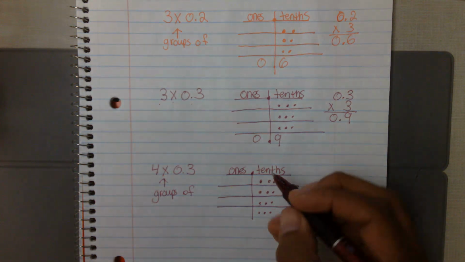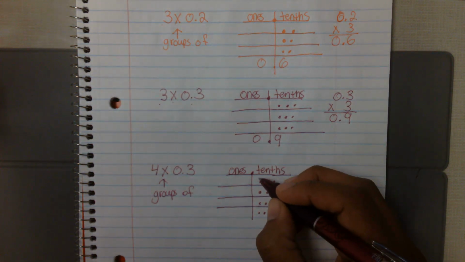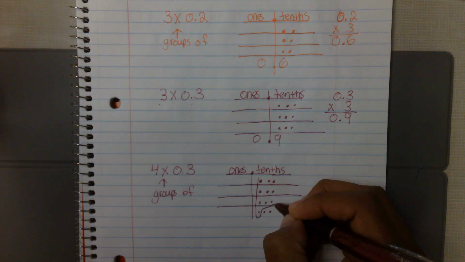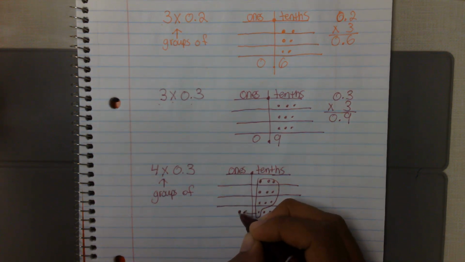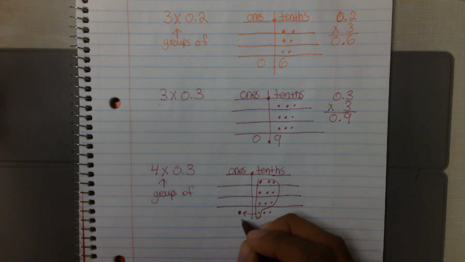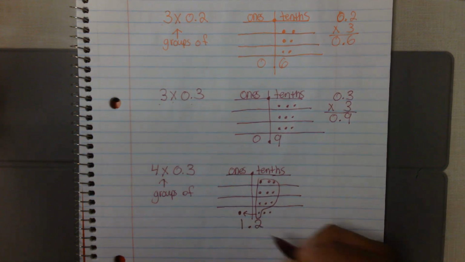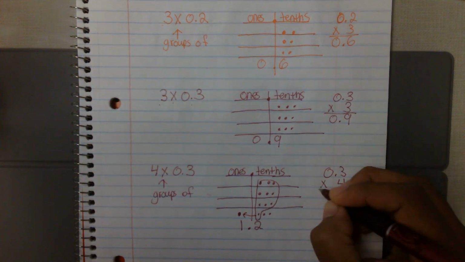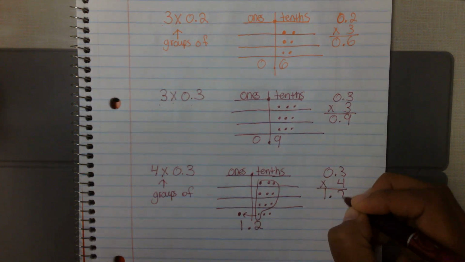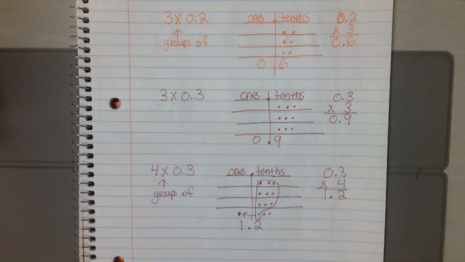So that means I can group 10 of them together. So 3, 6, 9, 10. And these will shift over here and make a 1. So now I have actually 1 one and 2/10. So 3/10 times 4 is 1 and 2/10. So I wanted to show you that way.